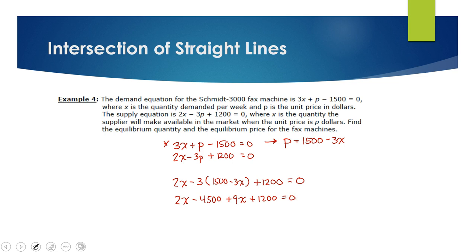If I simplify, I have 11x minus 3300 equaling 0. Adding 3300 to both sides, x would be 300. So that is the equilibrium quantity.